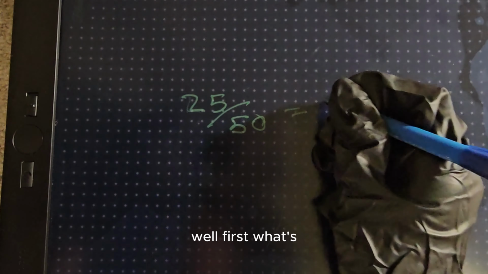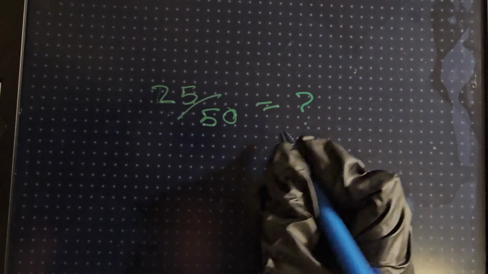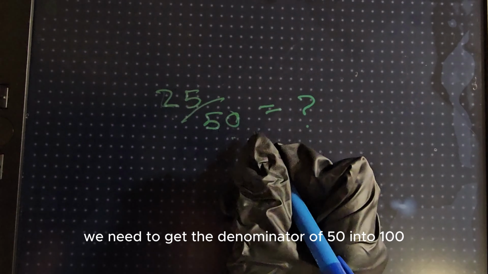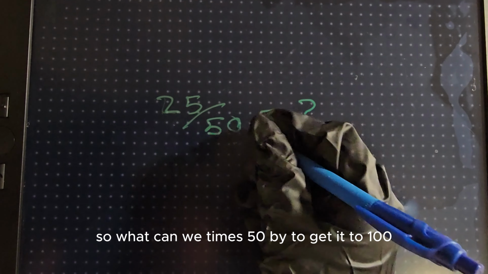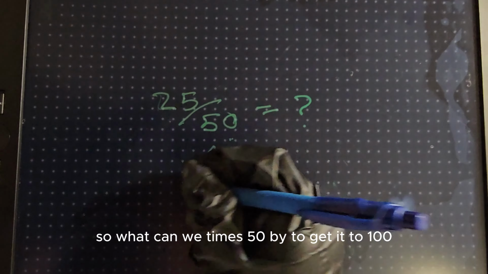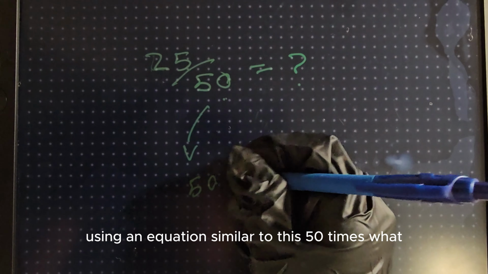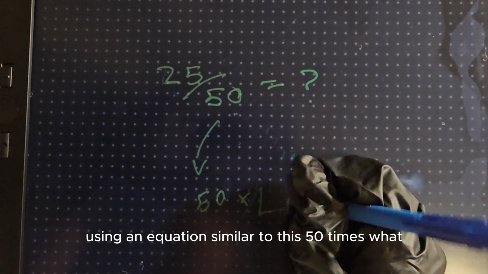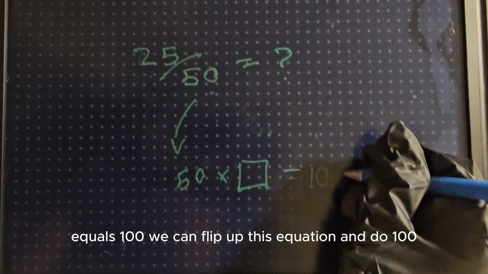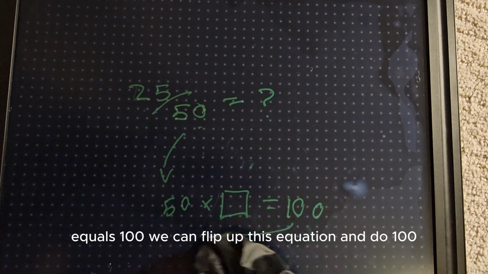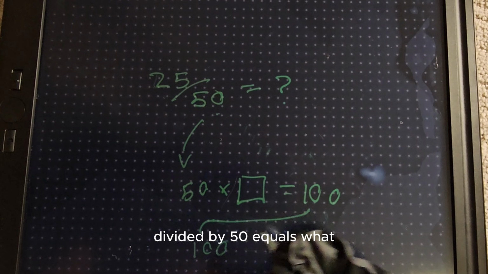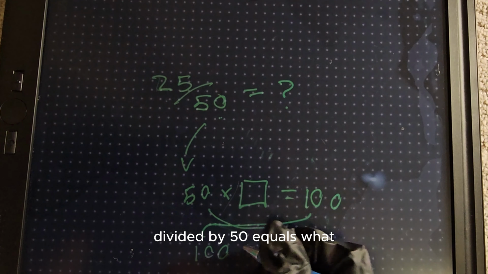Well, first, we need to get the denominator of 50 into 100. So what can we multiply 50 by to get it to 100? We'll write an equation similar to this. 50 times what equals 100? We can flip this equation and do 100 divided by 50 equals what?